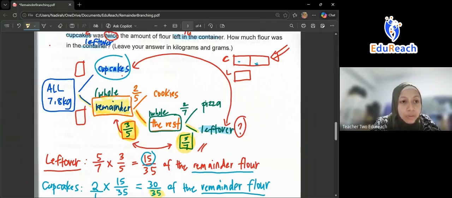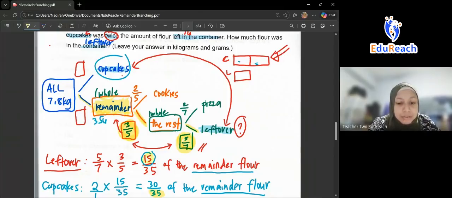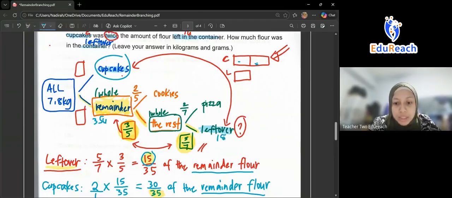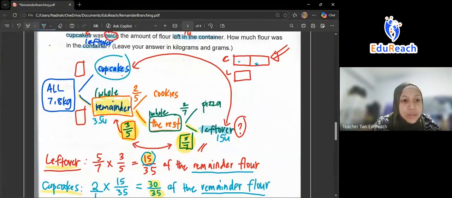There are a total of 35 units here. In my first working, 15 units is for leftover. Then for the cupcakes it is 30 out of 35, so it's 30 units here for the cupcakes.